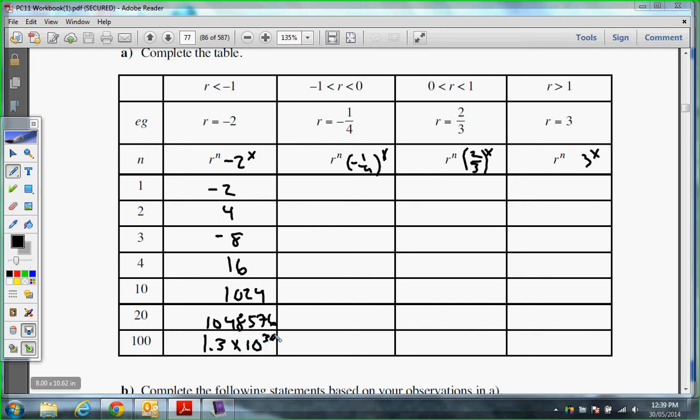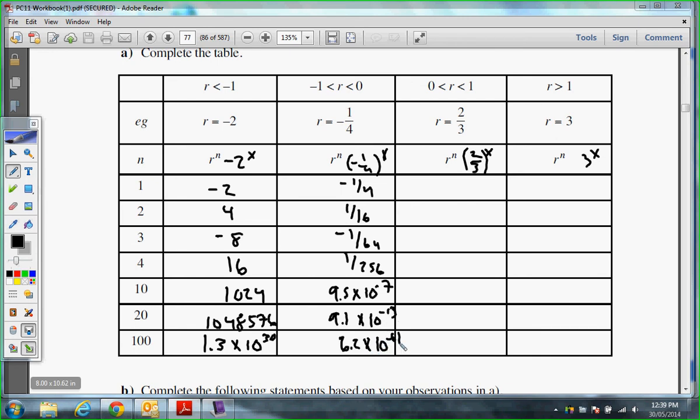Okay, let's look at -1/4. I get -1/4, 1/16, -1/64, 1/256, 9.5 times 10 to the -7, 9.1 times 10 to the -13, 6.2 times 10 to the -61.